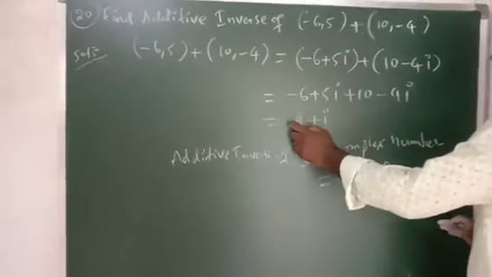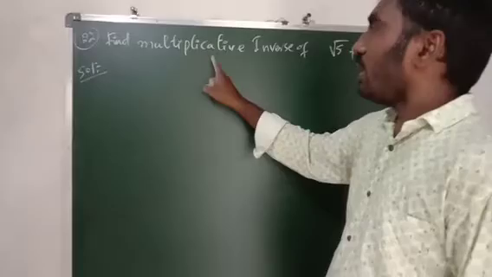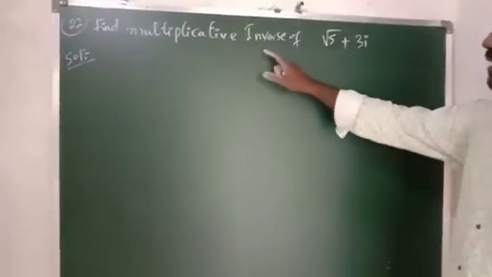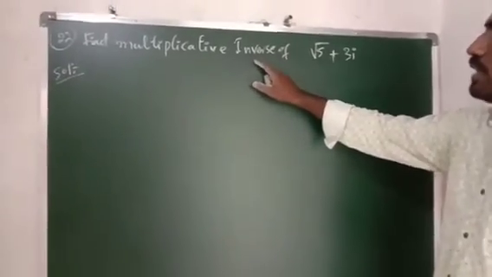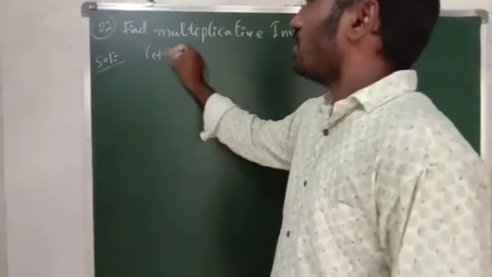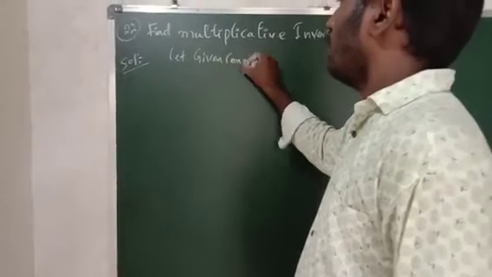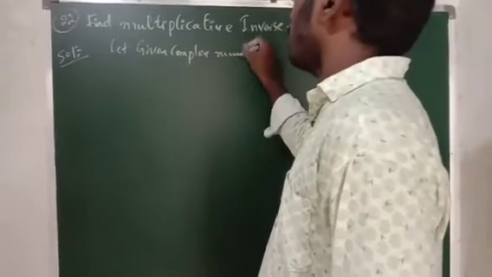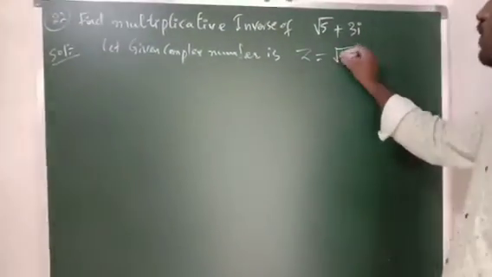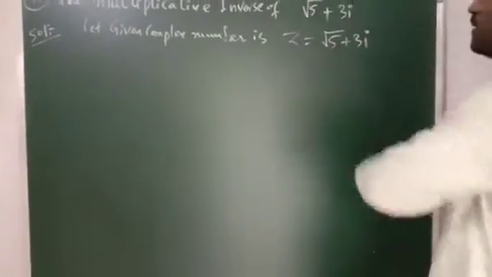Okay. The next, 22nd problem, is to find the multiplicative inverse of root 5 plus 3i. First consider the given complex number, let z equal root 5 plus 3i.